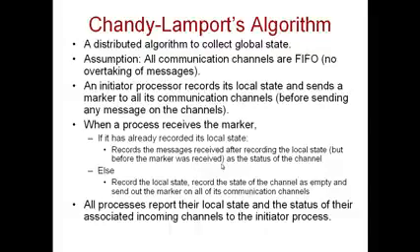A marker is a small control message, and it sends out the marker on all the channels connected to that process. And when a process receives that marker, if it has not recorded its local state already, it records again all the messages that it has received so far, and then records the channel state as empty on the channel on which the marker has come.